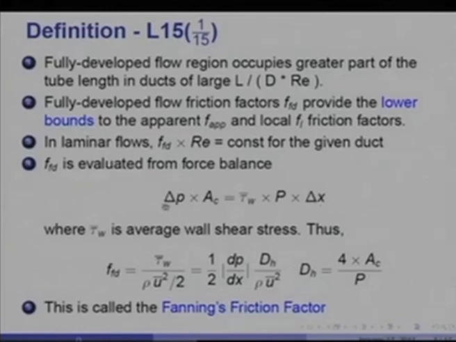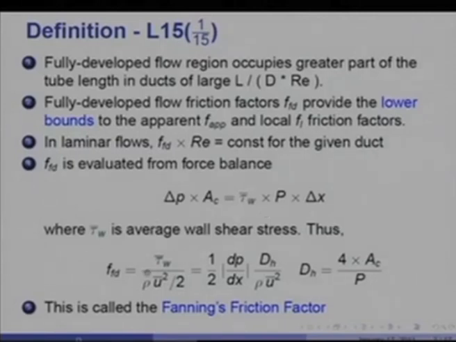So, the pressure drop over length delta x multiplied by the area of cross section of the duct equals the shear stress at the periphery of a cross section multiplied by the perimeter multiplied by delta x. Tau wall bar is the averaged shear stress.